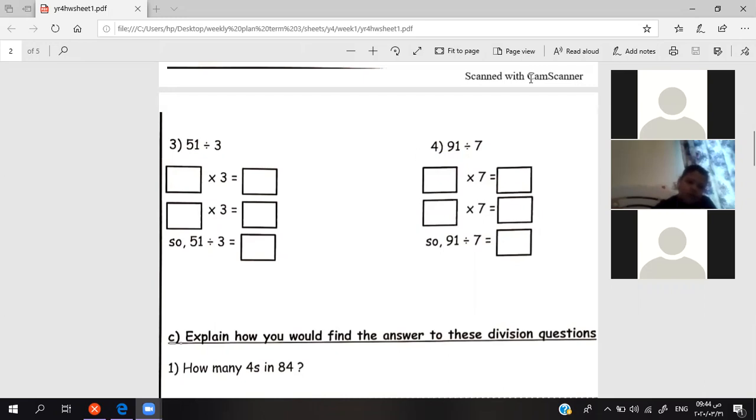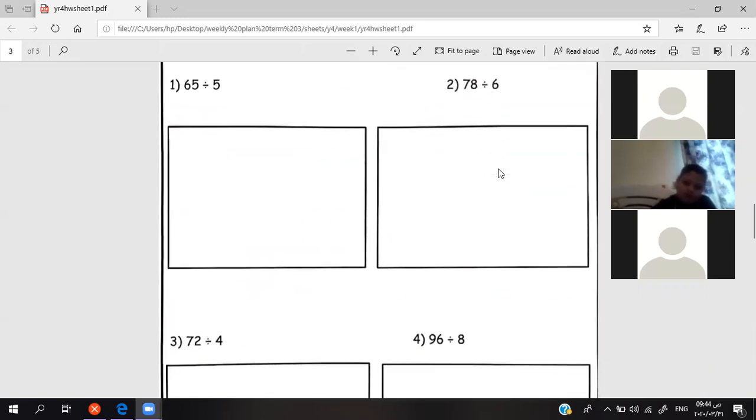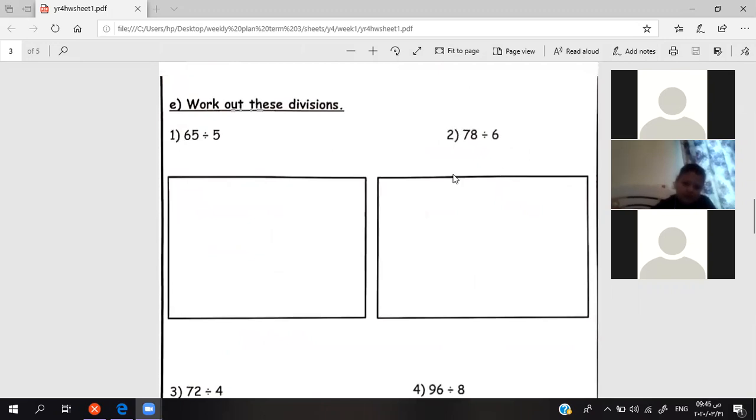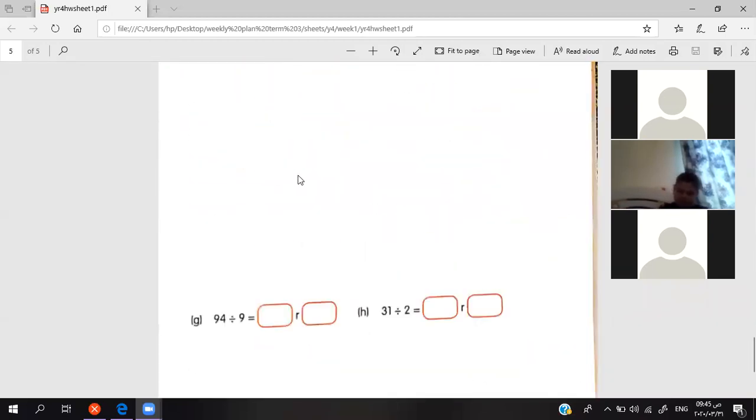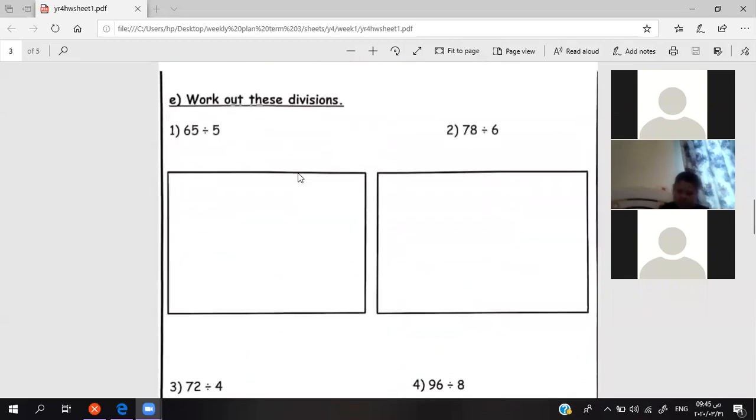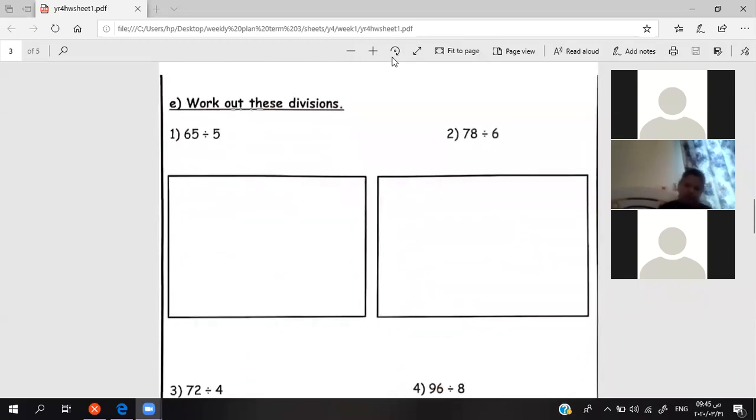Okay, back to what we were doing. We are here saying work out these divisions. So I'm going to divide. I can divide either the way I taught you, by multiplying, or you can make it like a long division. But here it's normal. Because there are no remainders, I can do it using the division. It's going to be very easy.